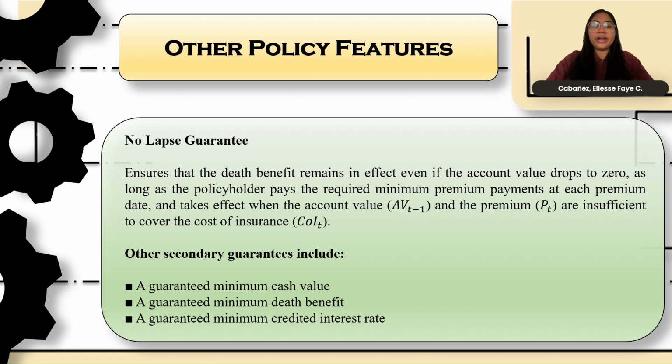Other secondary guarantees include the minimum cash value, which ensures the policyholder always has a certain amount of cash, the minimum death benefit, to ensure that the beneficiaries receive a minimum payout regardless of the market fluctuations, and last, the minimum credit interest rate, which protects the policyholders' investment over time and provides financial stability.